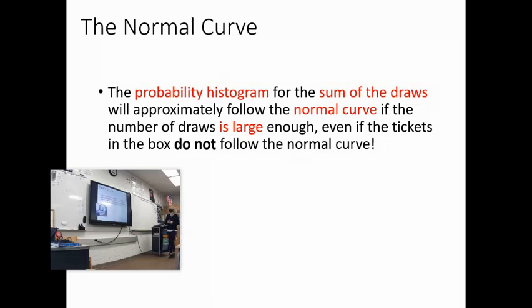So as long as we get a large amount of draws, then the sum of the draws will follow a normal curve, okay? Which is why we can use that menu 652 shortcut to find a chance of stuff happening. Are we good here?